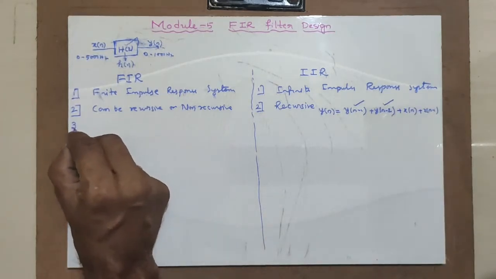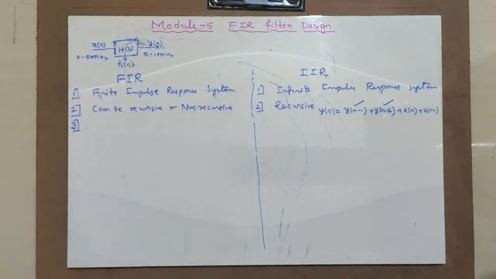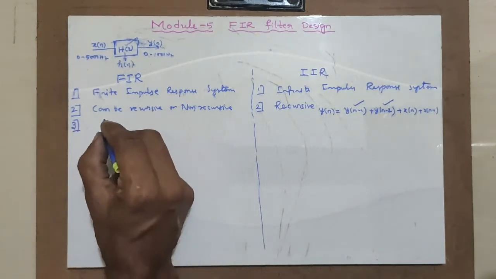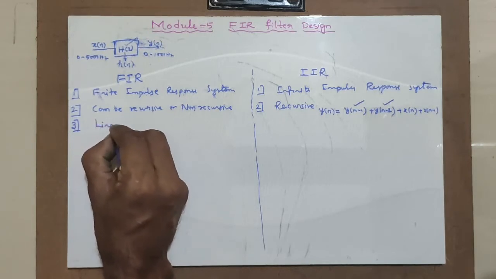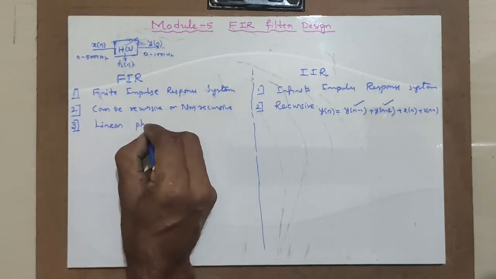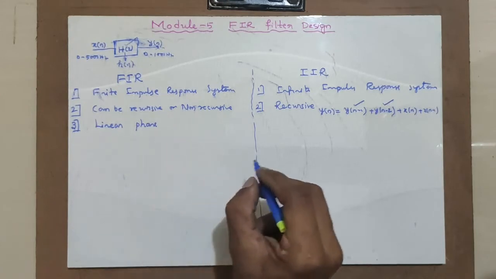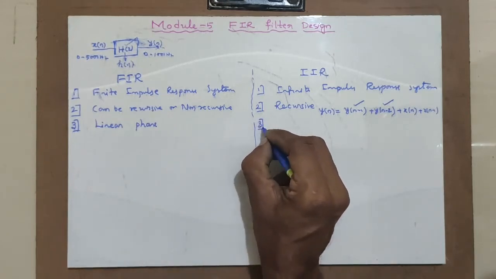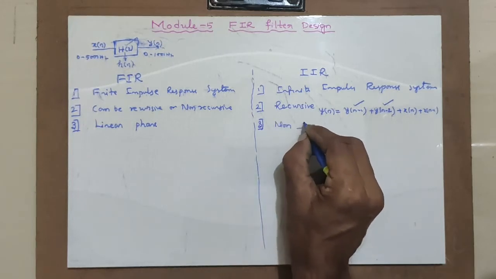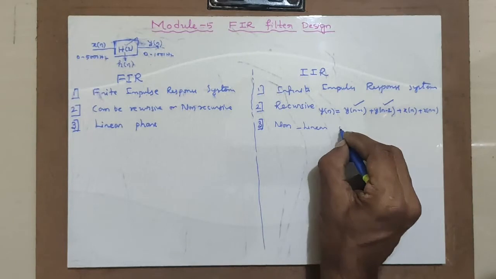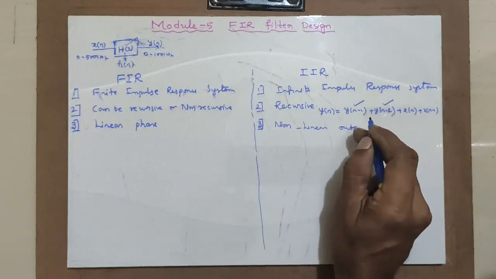The third difference between FIR and IIR systems, very importantly, is that FIR systems are linear phase. They can be designed to obtain linear phase, whereas IIR systems generally have non-linear output phase.